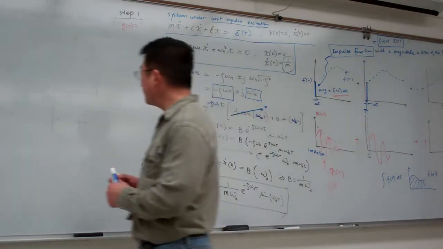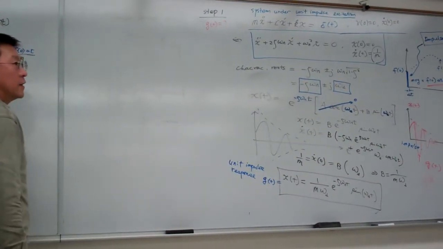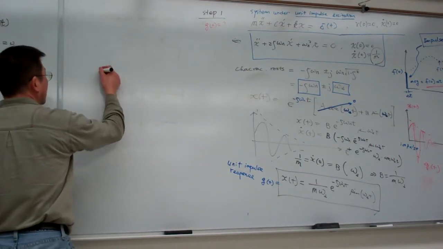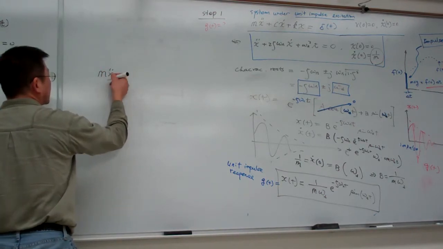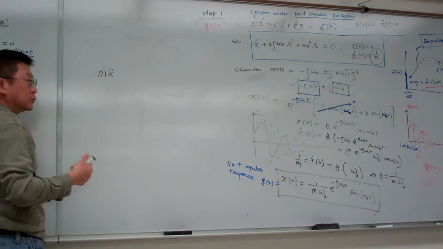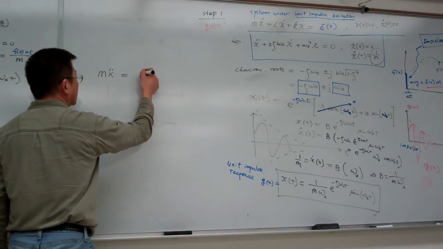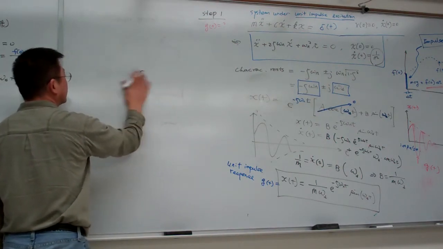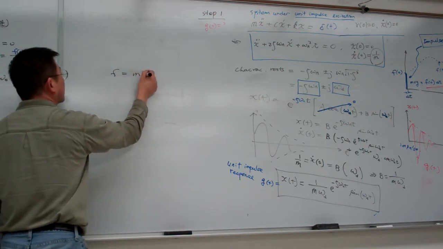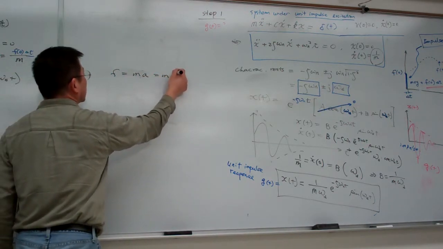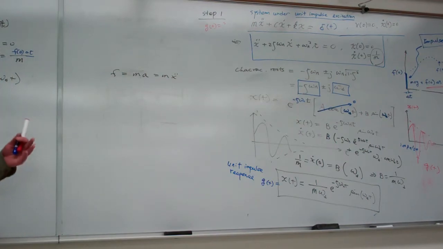Yeah. So again, mx double dot, that is the inertial force, provided by the force F equal to ma. F equal to ma, right? So mx double dot. That's the initial concept.